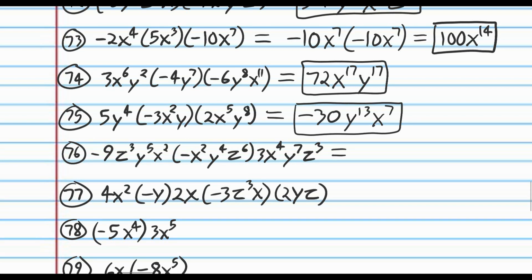And then 9 times 3 is 27. So we get 27, and then you just multiply the variables, the letters that is, and we get z to the 12th. And y to the 16th, and x to the 8th.